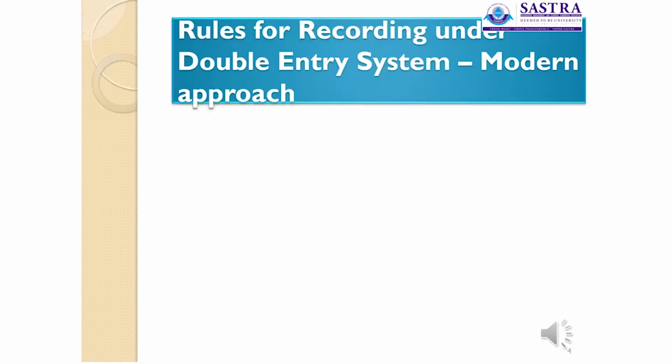Now let us see the rules for recording under double entry system on the basis of modern approach, that is, rules for accounting equation. These rules help in understanding the accounting equation clearly.